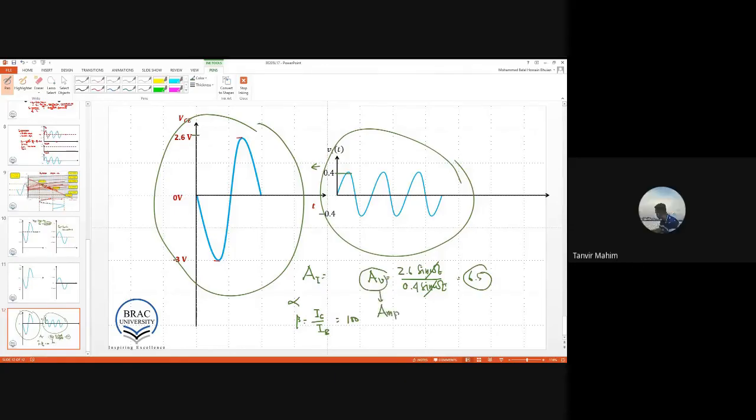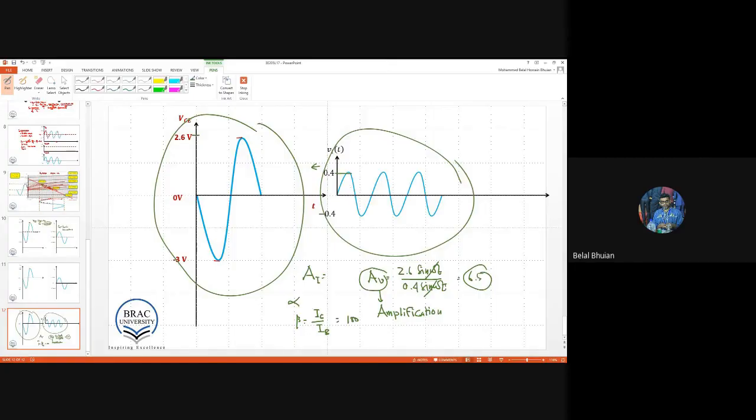Sir, so alpha and beta are for when we have only a DC source, and when AC and DC are together, it is AI and AV. In fact, when you are obtaining amplification, the BJT is operating in the active region. So for both the DC signal and the AC signal, it is the active region.